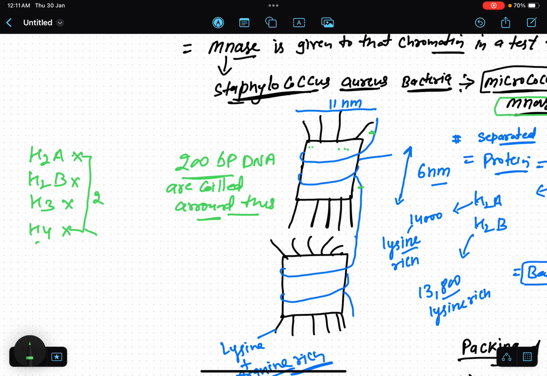So it is known as the octamer, as there are 8. H2A combines with H3, H2B combines with H3, and it combines with H2B, and with H2A, like this. So these are 2 units, 2 units, 2 units and 2, making the octamer.